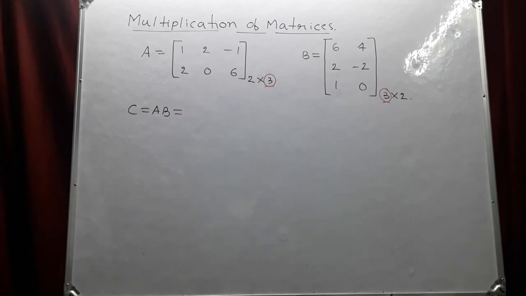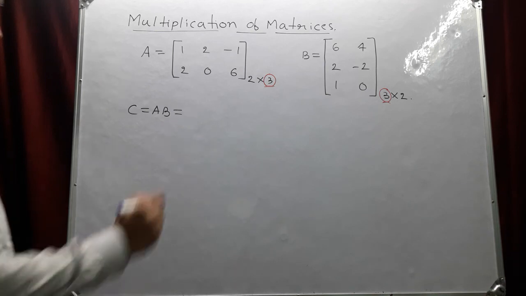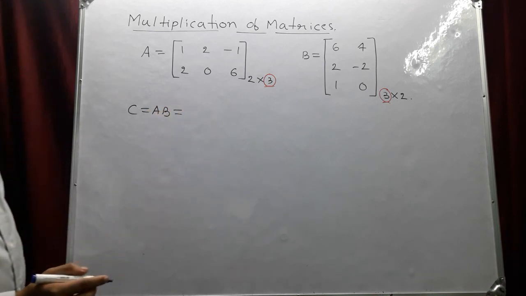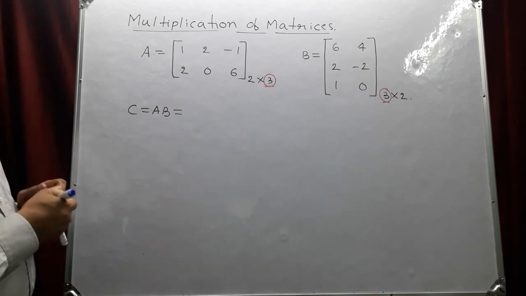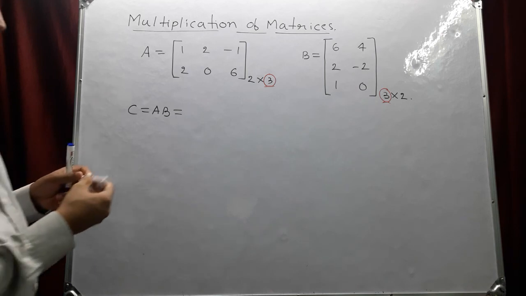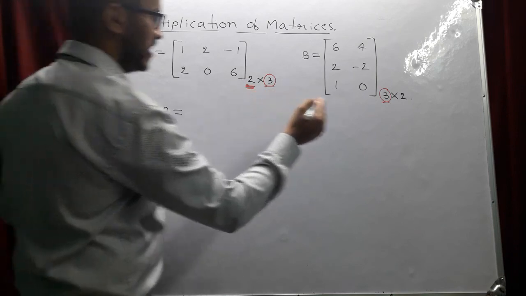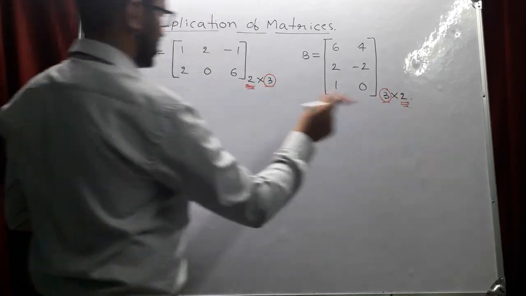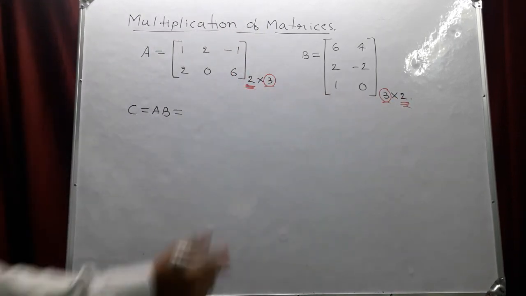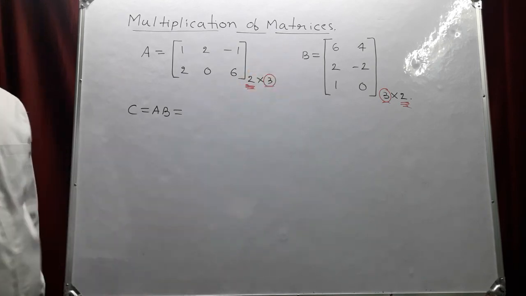And how to get the elements of the matrix C? As I told, the order of the product C will be 2 by 2, meaning the product has 2 rows and 2 columns.